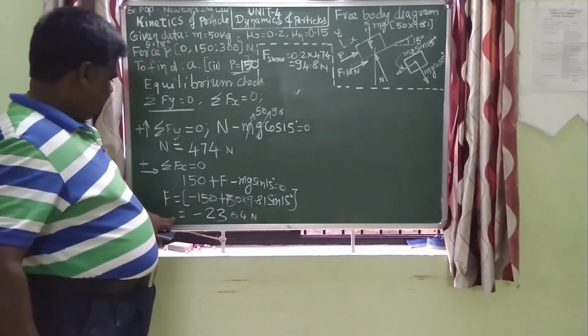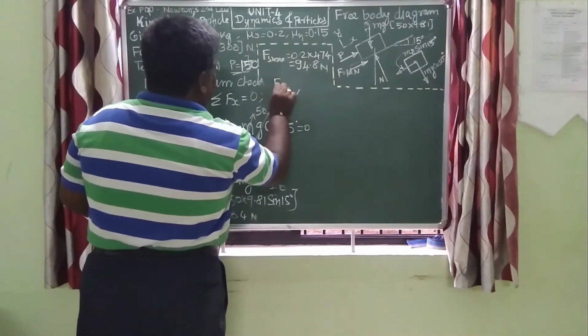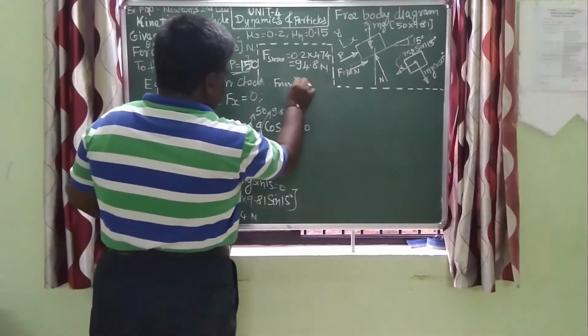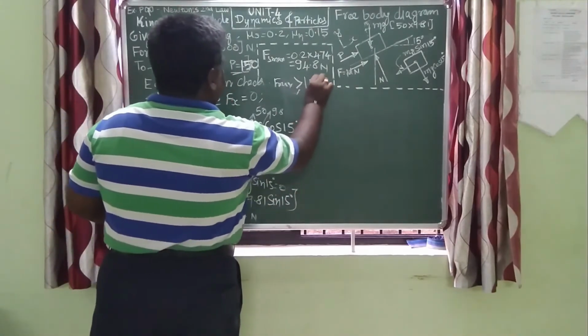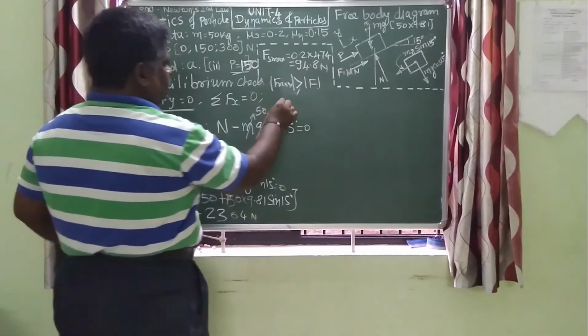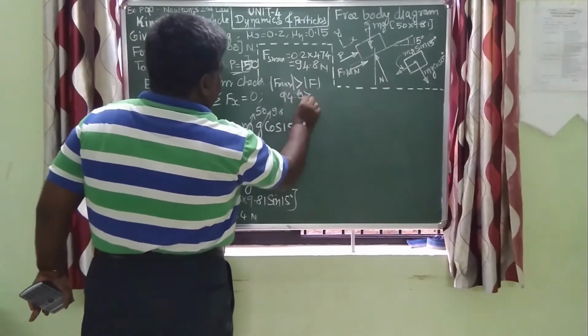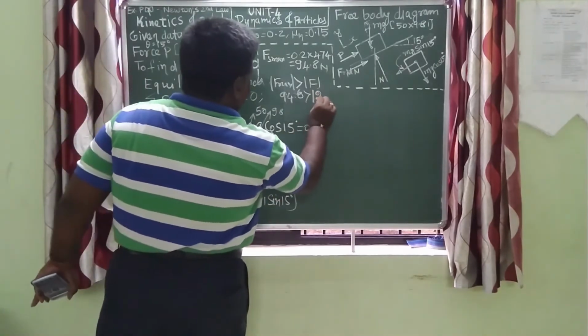Now verify this. This F max frictional force, 94.8, is greater than the force F, which is 23.